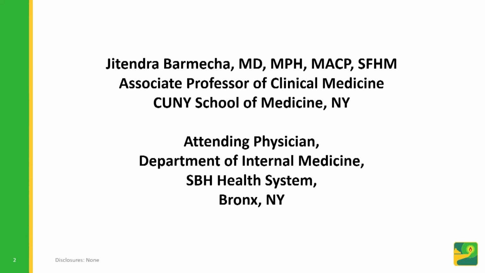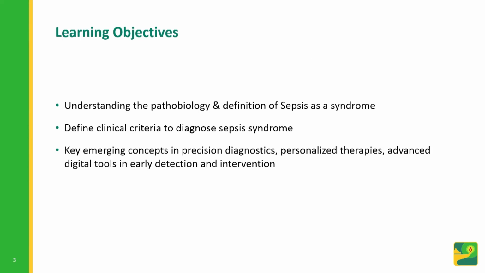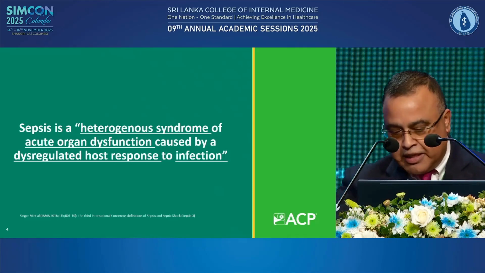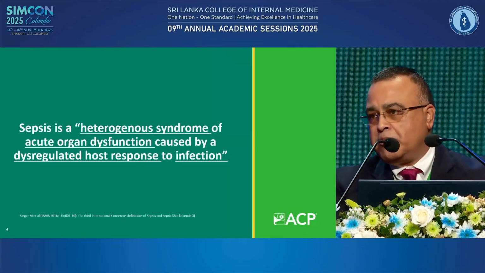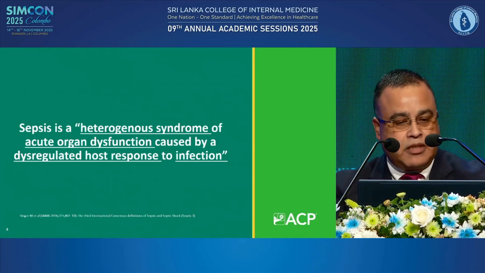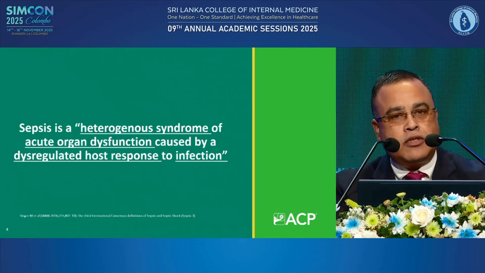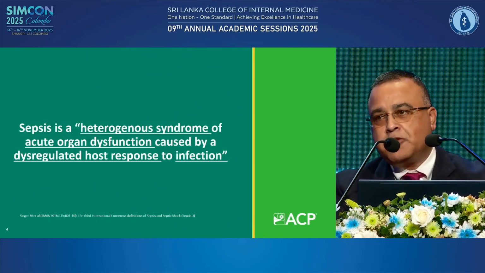And this is my credentials where I work in New York. And this is our learning objectives. I'll start with the definition, which is very, very important before we get into the emerging concepts. So I underlined a few words. Please pay attention. That has been the theme of this conference. Whether you attended diabetes or PCOS or heart failure, it's a heterogeneity.